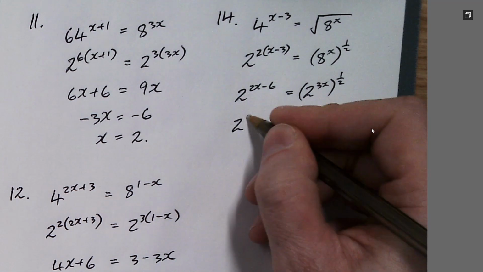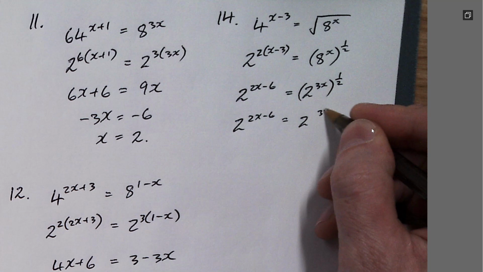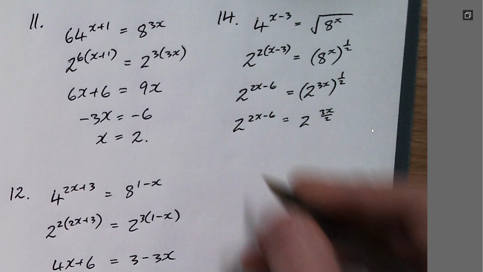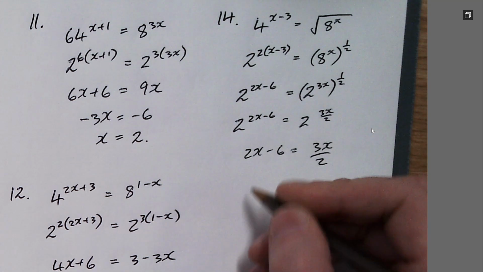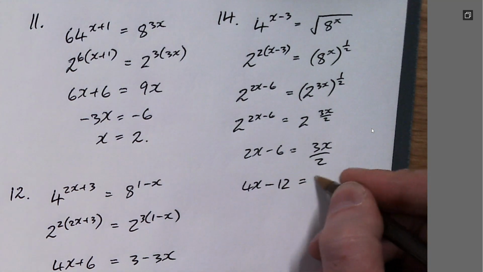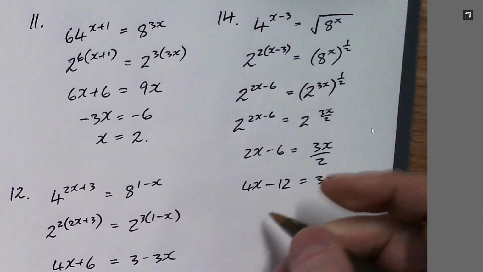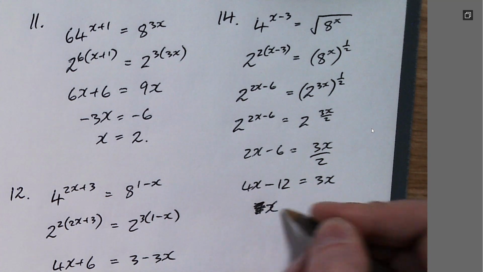So you have 2x minus 6 equals 3x over 2. You have 4x minus 12 equals 3x, so you have x equals 12.